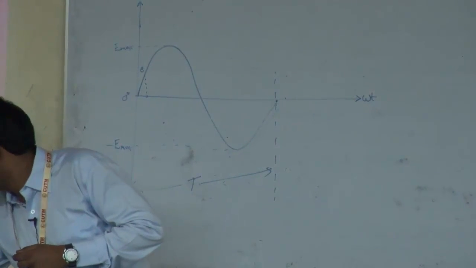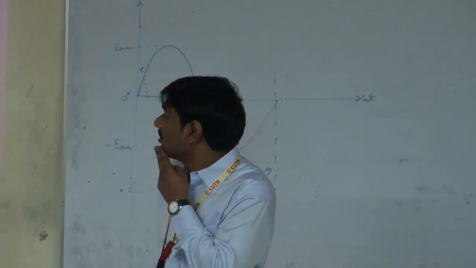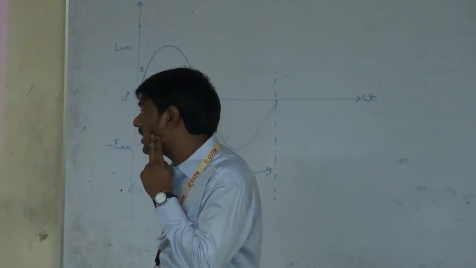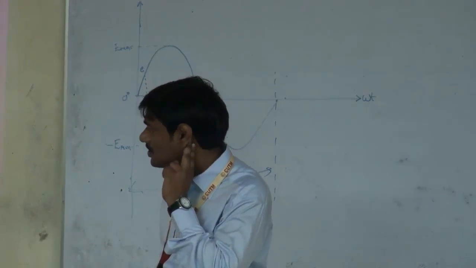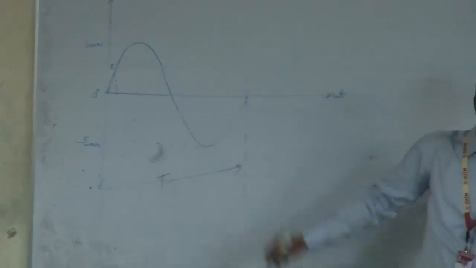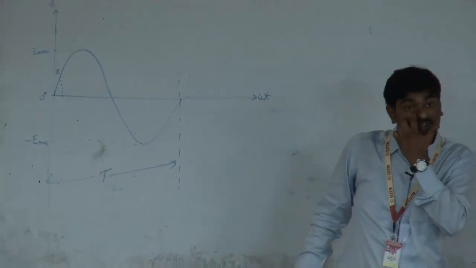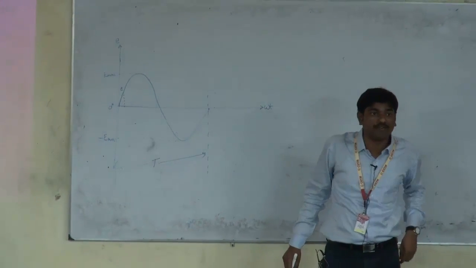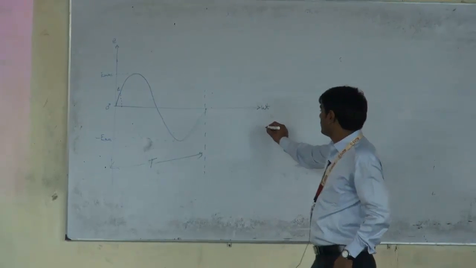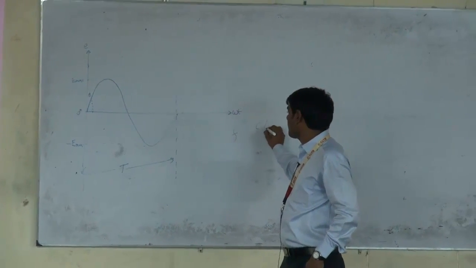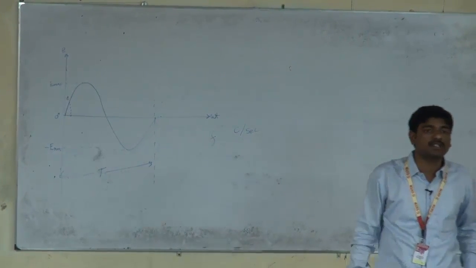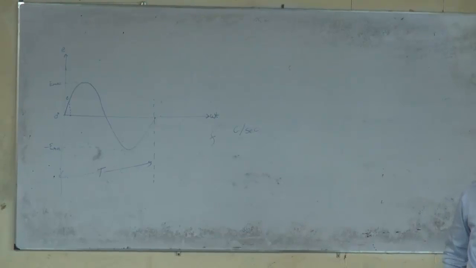The next definition is frequency. The number of cycles that occur in 1 second is called the frequency. Frequency is indicated with letter f, small f. And the unit is number of cycles per second. You can easily determine that frequency is nothing but the number of cycles per second.